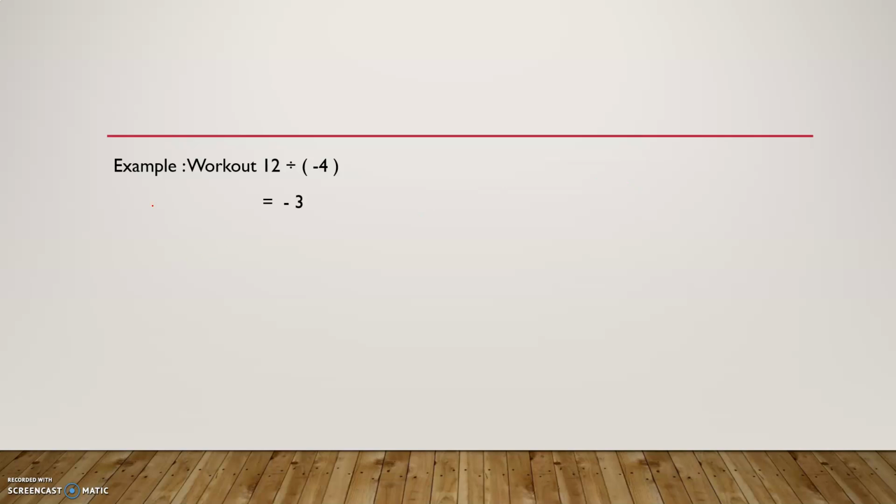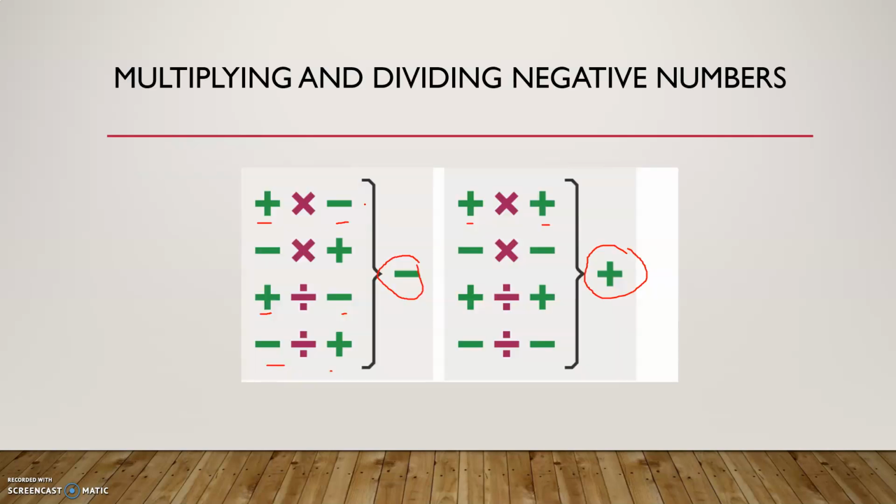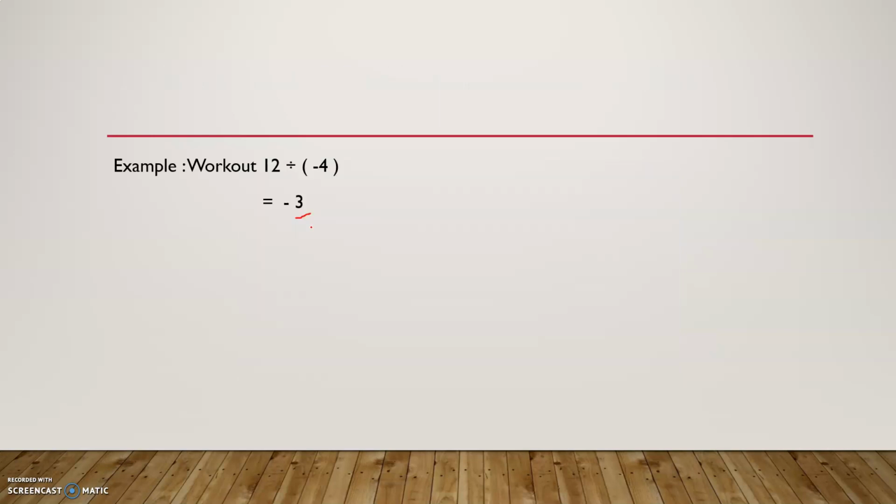So if we look at an example, it says work out 12 divided by -4. We know if we divide 12 by 4, that will be 3. And here we have positive 12 and negative 4, and according to this rule, two different signs will give a negative sign, hence we get -3.